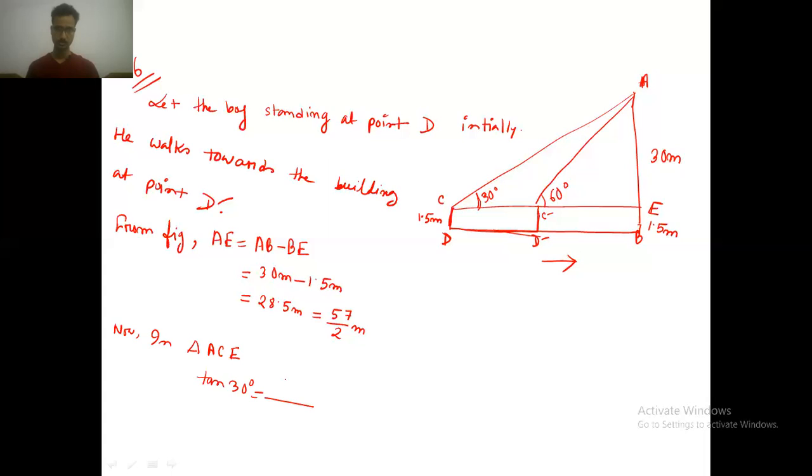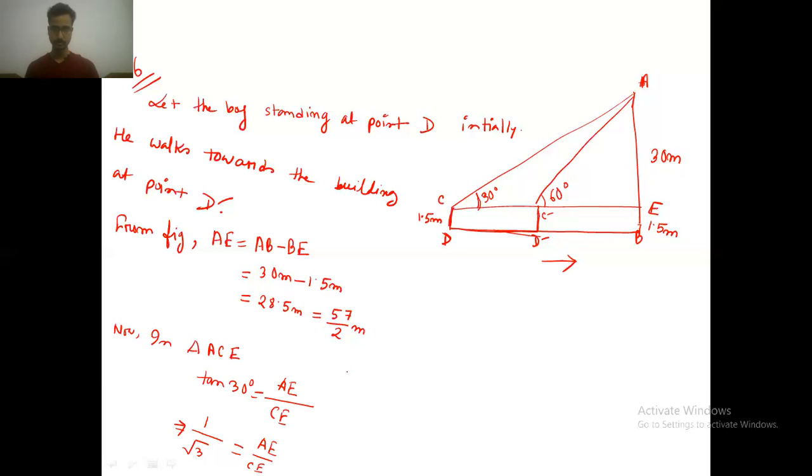So your perpendicular is your AE and your base is your CE. Now what is the value of tan 30? That day I have discussed the table. The value of tan 30 is nothing but 1 by root 3. So write down 1 by root 3 equal to, you have to find CE. Yes or no? CE. So just put the value, just now we have found AE is your 57 by 2. So keep it like this, AE by CE.